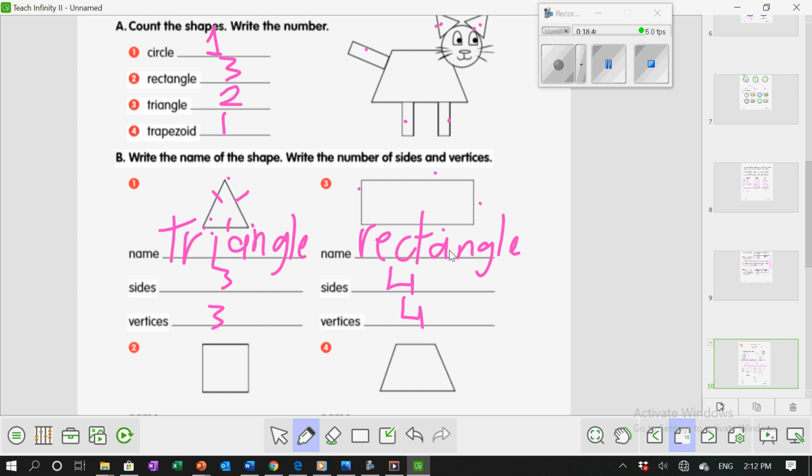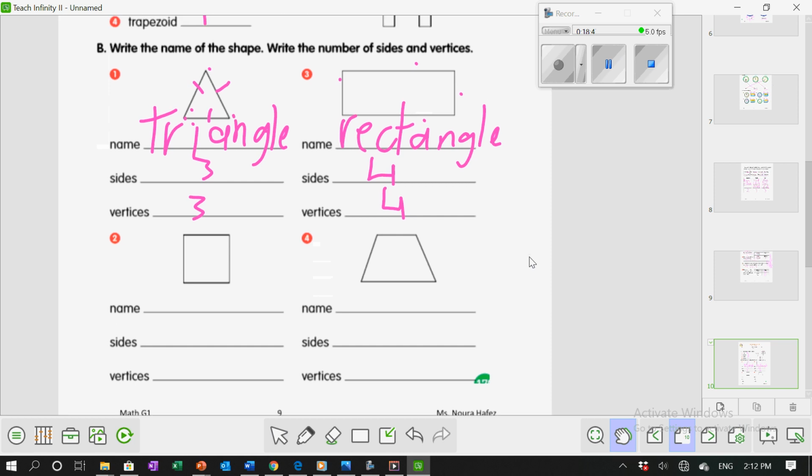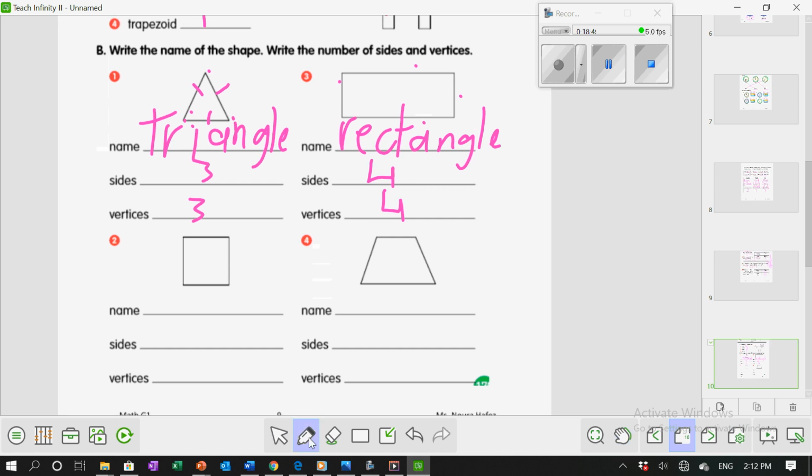Now the second question, the second one. Let's go down. Yes, here it is. What do you call this shape? Excellent. It's a square. How many sides? 1, 2, 3, 4. Perfect. 4 sides and 4 vertices.